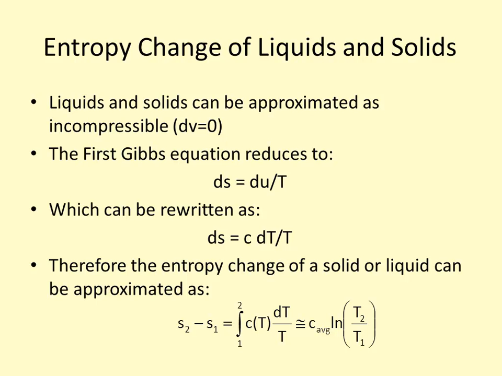We can substitute that in here. So we can approximate the entropy change of any liquid or solid, assuming it's incompressible and has constant specific heat, as the change in entropy is equal to the integral of this, which is approximated as the specific heat times the integral of dT over T. So if we integrate that, we get the natural log of T2 over T1.